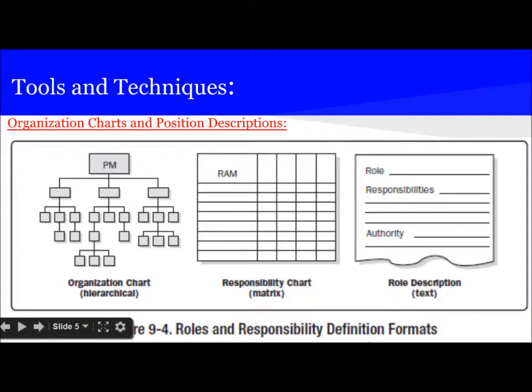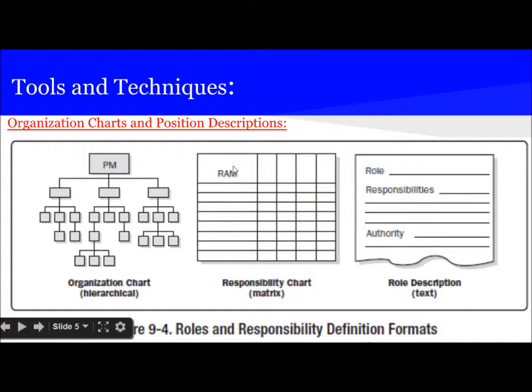Let's see tools and techniques. Here is the pictorial representation of the organization chart, which is hierarchical. You can see the hierarchy, which is like how a resource breakdown structure or work breakdown structure or organization breakdown structure will look like. This type of structure is called an organization chart or hierarchical chart.